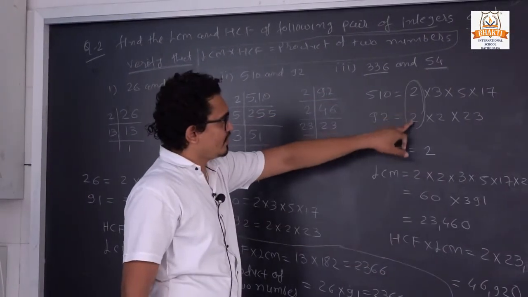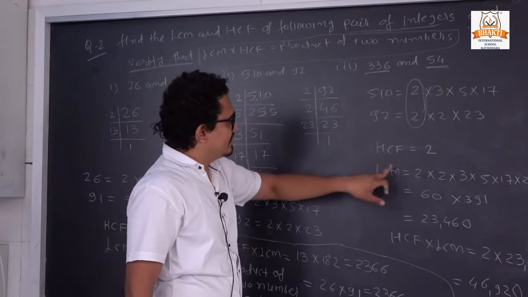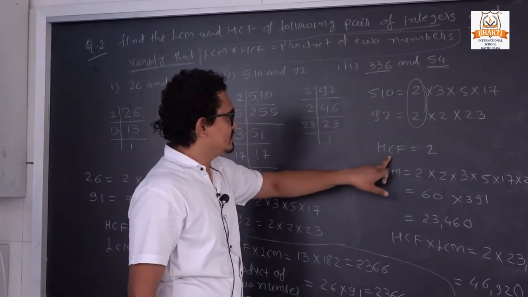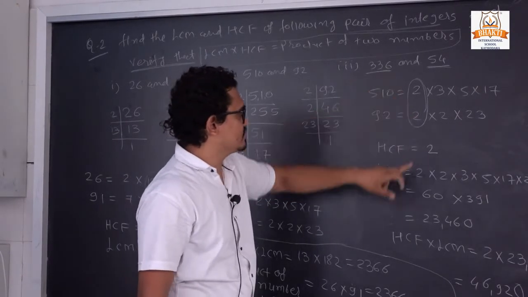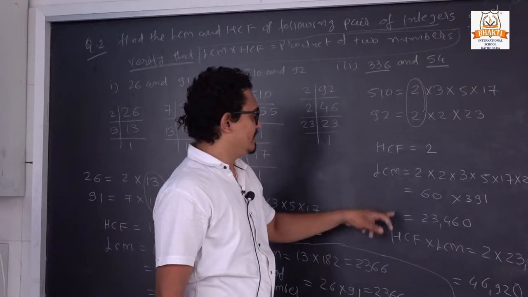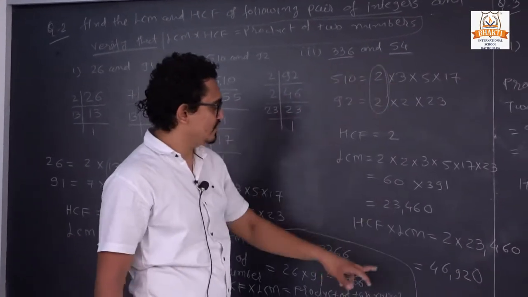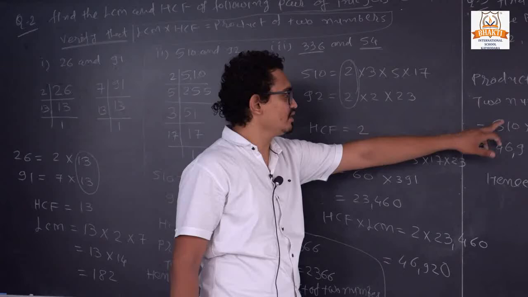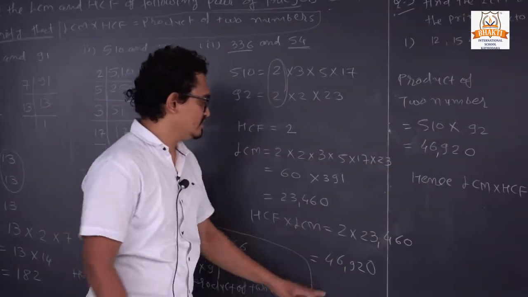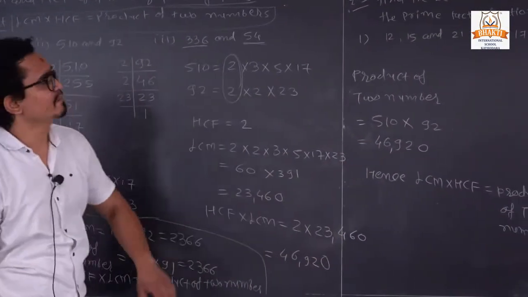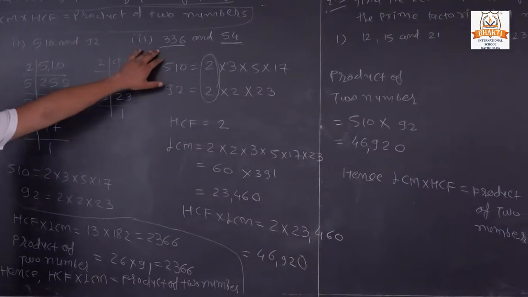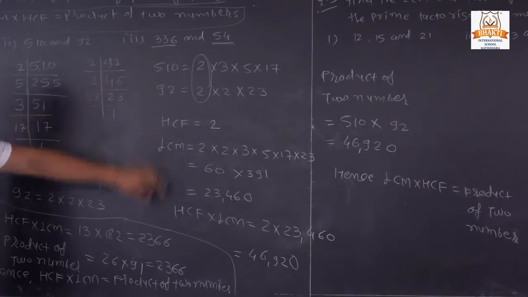Then find the common, so that is called its HCF, and then you can also find out its LCM. Then multiply these both numbers. So you can also find out its product of two numbers, and then verify this and this answer will be same. So question number 3 will be in your homework.